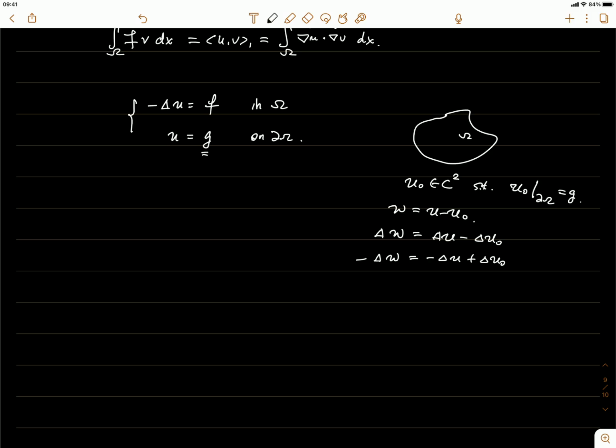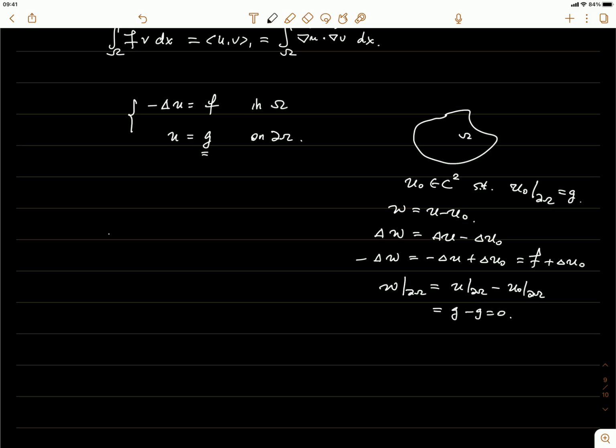And the negative Laplacian of u, we know that is equal to f, so this is just equal to this. Okay, and on the boundary of Ω, this is equal to u on the boundary minus u_0 on the boundary. But we know that both of these two are equal to g on the boundary. So this is g minus g, which is 0.